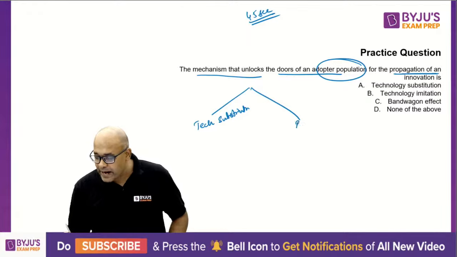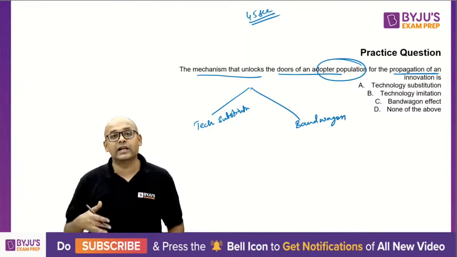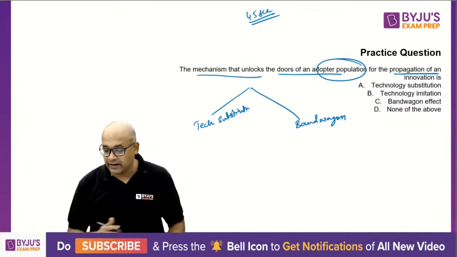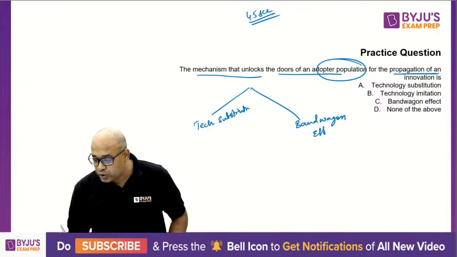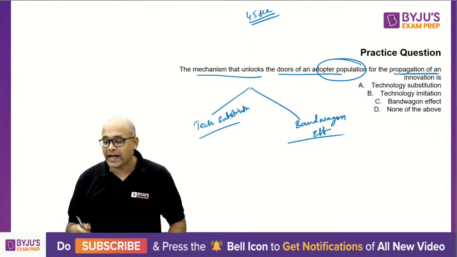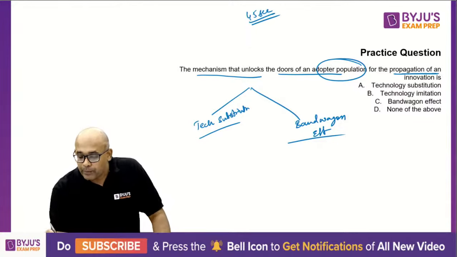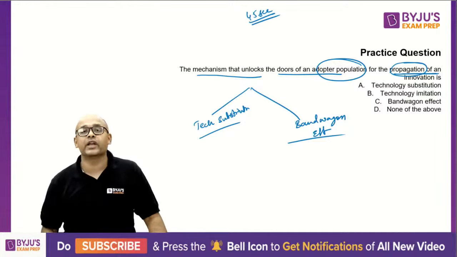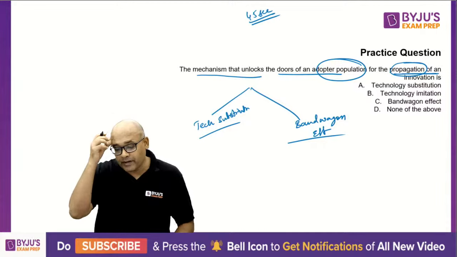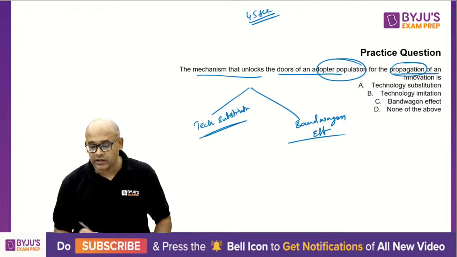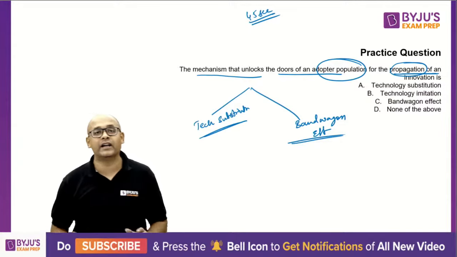The other is bandwagon effect. This is a part of theory which I deliberately did not explain, but I'm explaining it right now. These are the 2 ways or mechanisms through which the adopter population will propagate an innovation or a product. Please remember, these are the broad two ways. One is technology substitution and the other is bandwagon effect.